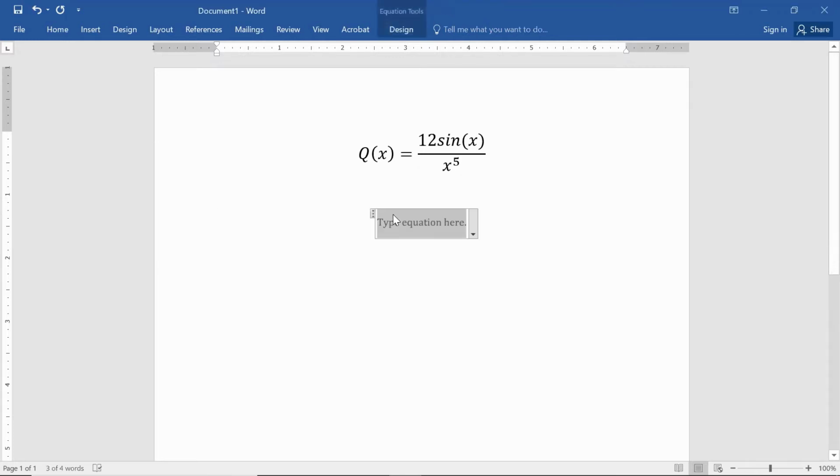The quotient rule says that if I want to take the derivative of this function, I have to create a fraction.